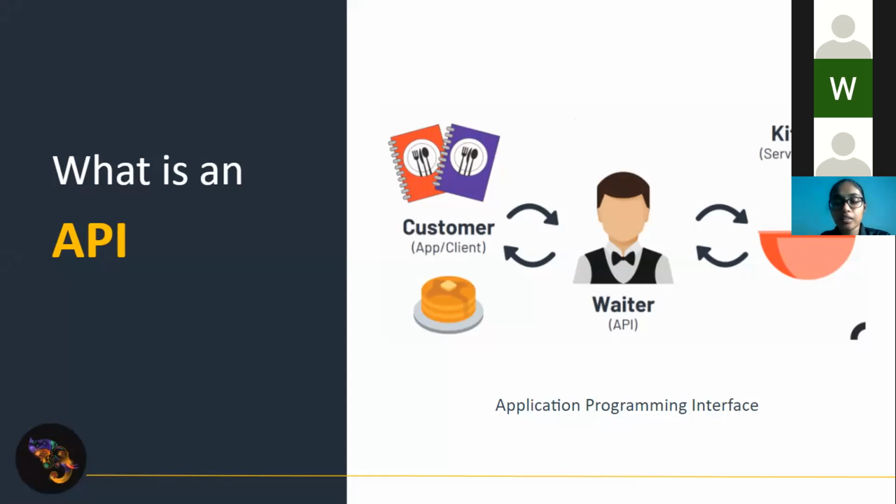So what is an API? API stands for application programming interface. What it does is it coordinates certain functions and data between, let's say, two computer programs, or two computer systems.